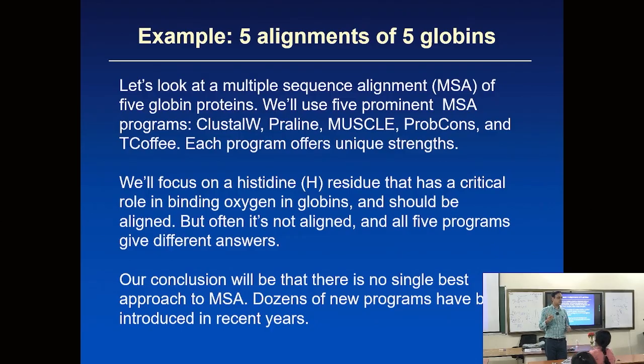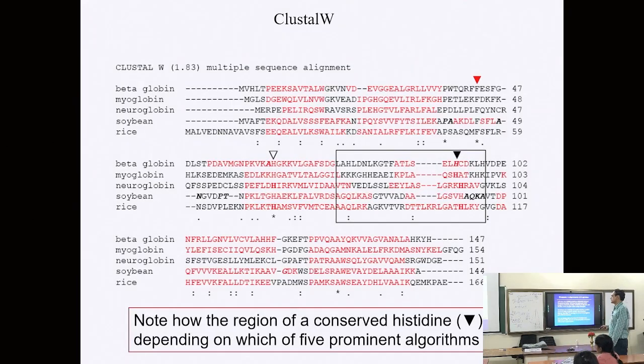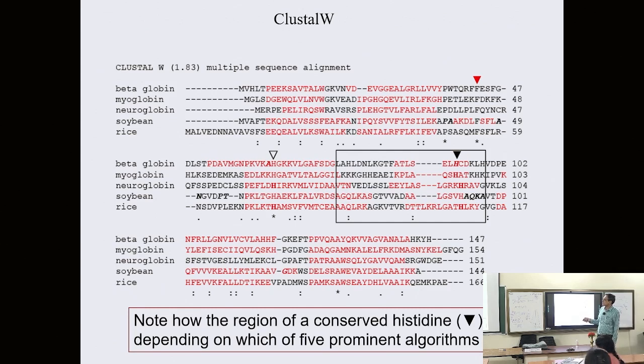So you would expect that histidine is conserved, so it should be aligned by these programs. Let's see ClustalW and focus on histidine, indicated by inverted triangles. One is open and the other is filled. Don't worry about this phenylalanine. Just focus on histidine alignment.